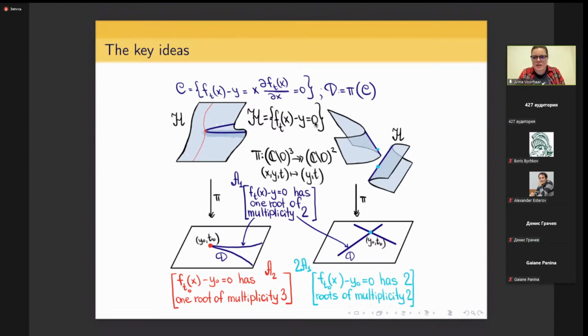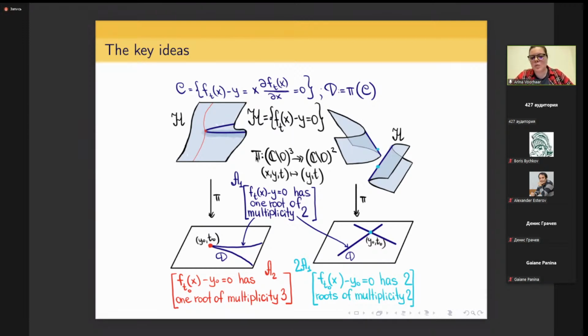If you think about it, it contains the points (x, t, f_t(x)). For points (x, t), we remember the value of the polynomial f_t at the point x and put it in this new variable y. That's why we introduce it. So that's a hypersurface in three-dimensional space.